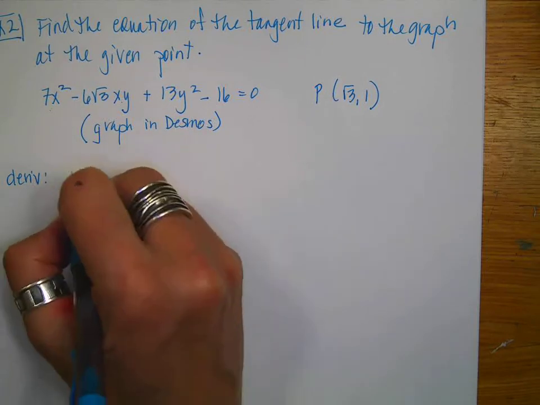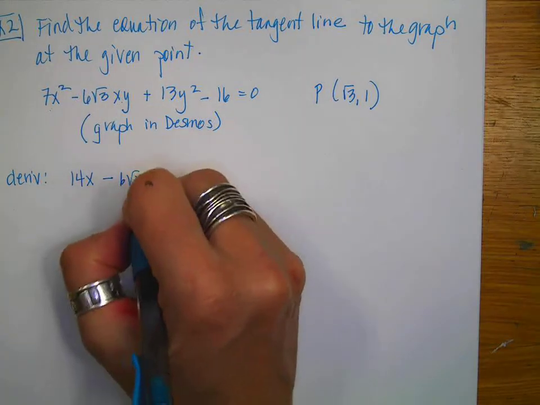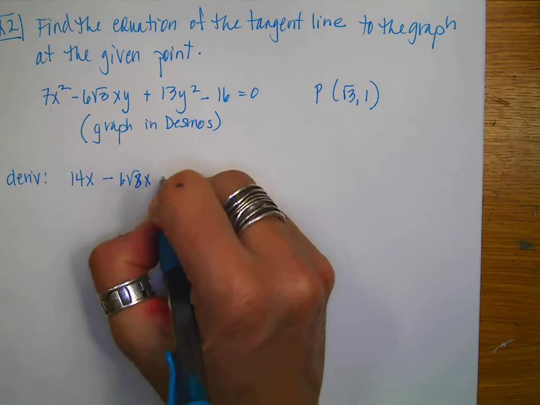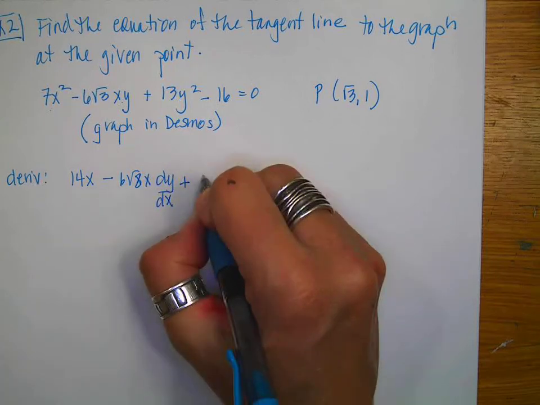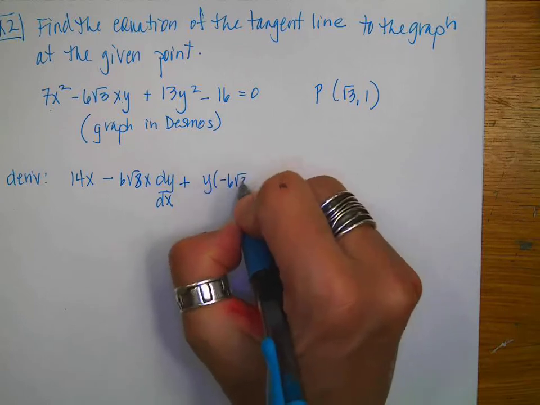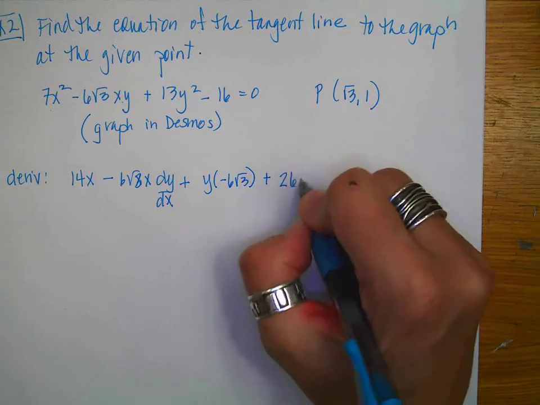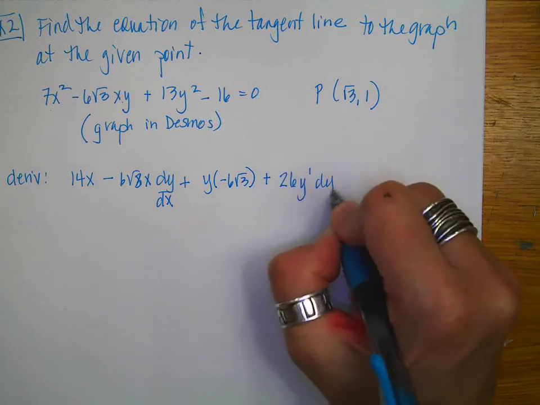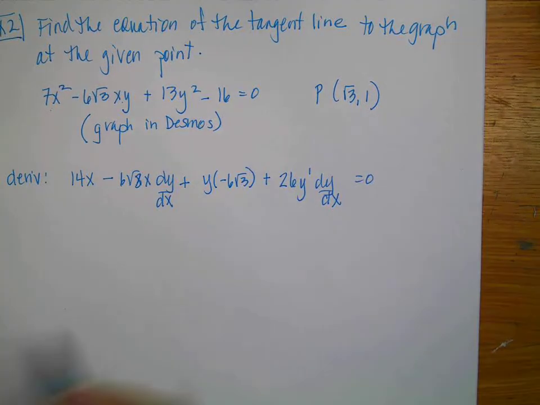My first derivative is going to be 14x minus, this is the product rule, the first thing, 6 radical 3x times the derivative of the second, plus the second thing times the derivative of the first, which is negative 6 radical 3, plus 13 times 2 is 26y to the first, dy/dx equals 0.